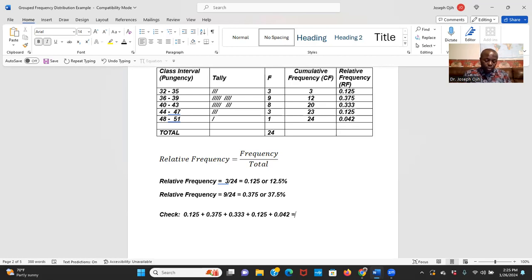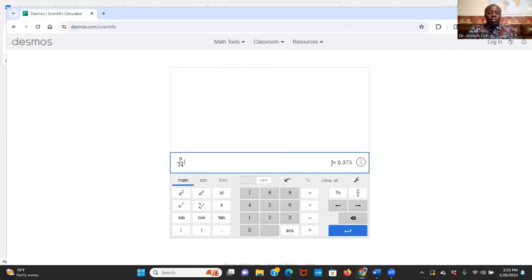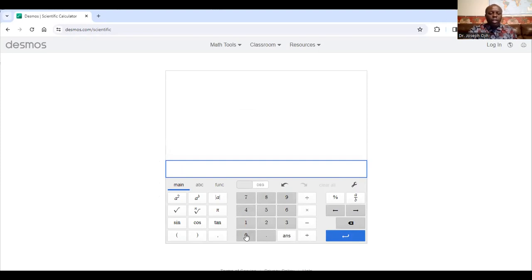0.125, 0.375, 0.333, 0.125, 0.042. Let's check this in the calculator. 0.125 plus 0.375 plus 0.333 plus 0.125 plus 0.042 gives exactly 1.